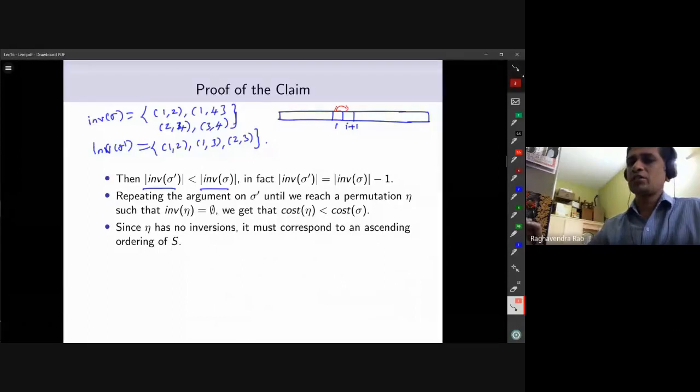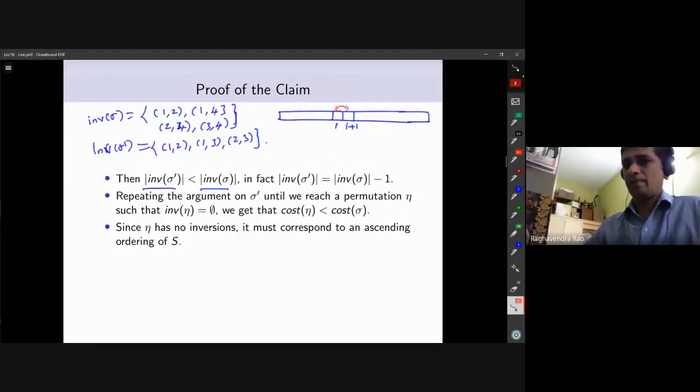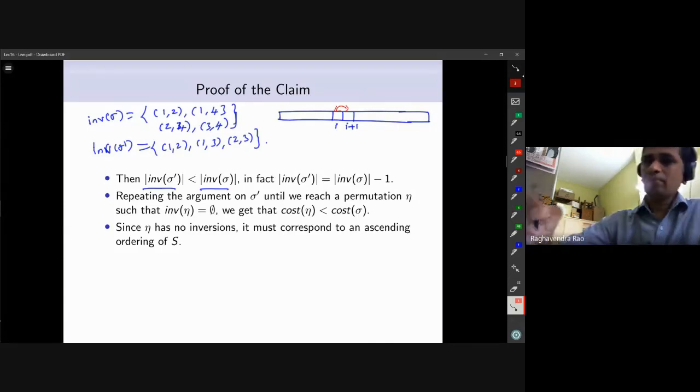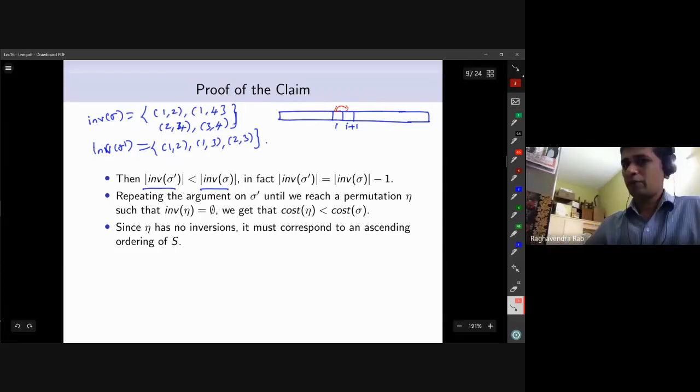All inversions of the form i comma j will now become i plus 1 comma j. I'm just saying this orally, I'm not writing it down here. All inversions of the form k comma i will now be k comma i plus 1, and similarly for i plus 1.